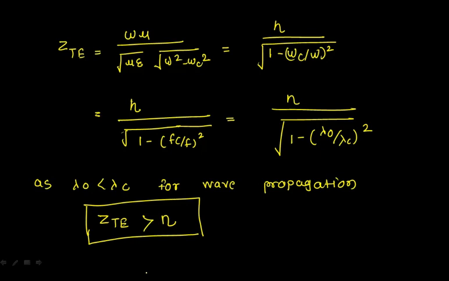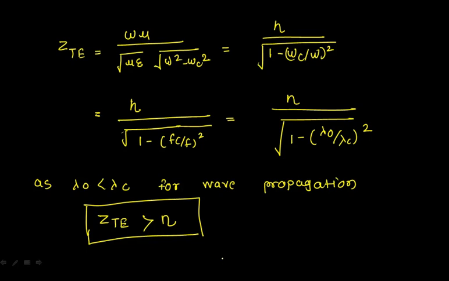So if I say that my wave is a TEM wave: for a TEM wave between parallel planes, for an ordinary parallel wire or a coaxial transmission line, the cutoff frequency is 0 and the wave impedance of the TEM wave is the free space impedance.